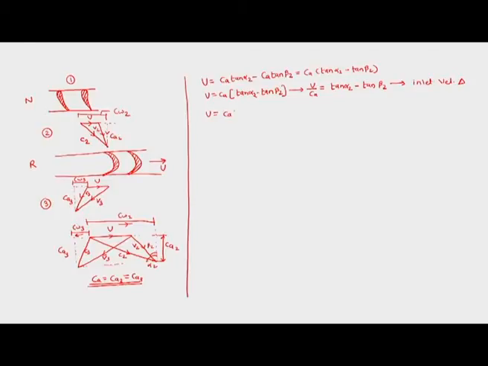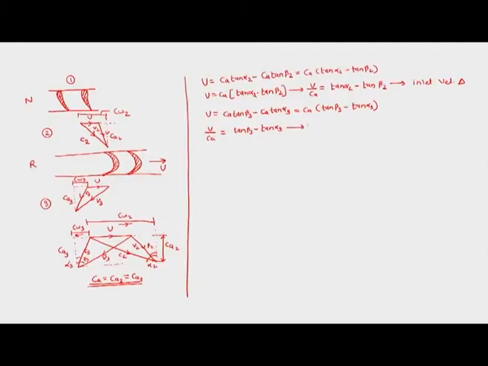There we have CA into, then here we will have this as beta 3, this as alpha 3. So we would have CA into tan beta 3 minus CA into tan alpha 3. So this is equal to CA tan of beta 3 minus tan of alpha 3. So we have u upon CA is equal to tan of beta 3 minus tan of alpha 3.